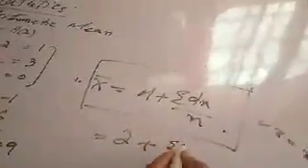So 2 plus summation x minus a, which is equal to 9, but the number of terms are 1, 2, 3, 4, 5 terms. So you will get 9 by 5, so 2 plus 1.8, that is 3.8. So 3.8 is the arithmetic mean using the shortcut method for individual series.